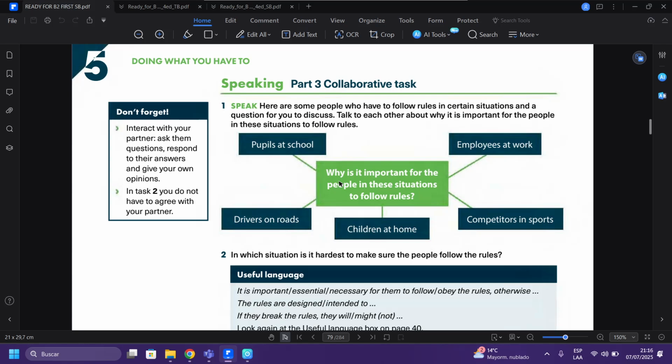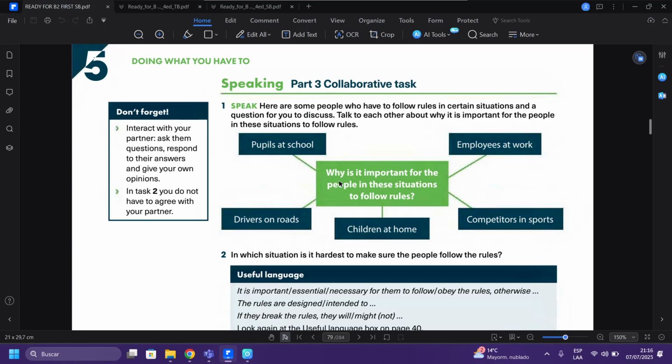Maybe yes, because if you don't follow the rules in the games, there could be injuries in your body, like breaking a leg or a hand. Injuries, right? And as well, you can take advantage of the other competitors. Yes, and that's bad for the other competitors. It could be a disadvantage.